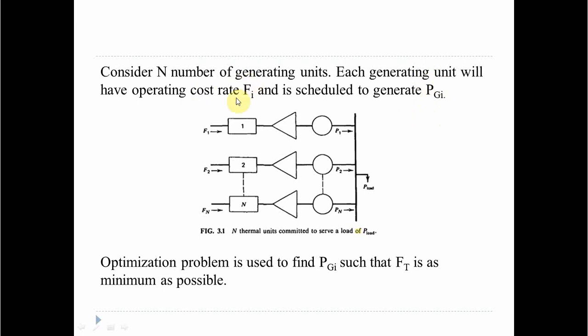Now we need to optimize Ft, that is the summation of Fi, so that we can minimize this Ft function, and from that minimization we should find out the values of P1, P2, till Pn. So the actual problem here is what are the values of P1, P2 till Pn so that Ft is as minimum as possible.